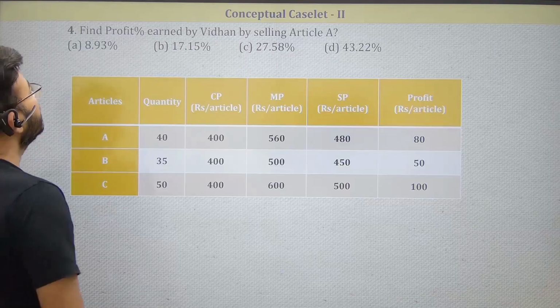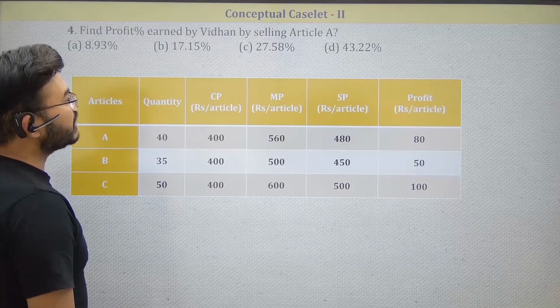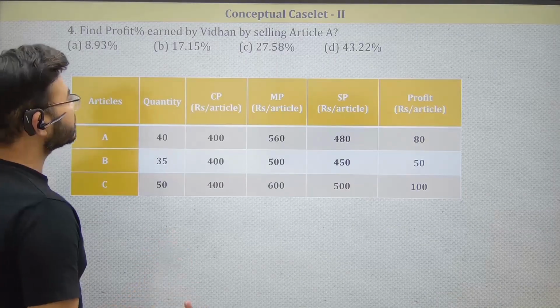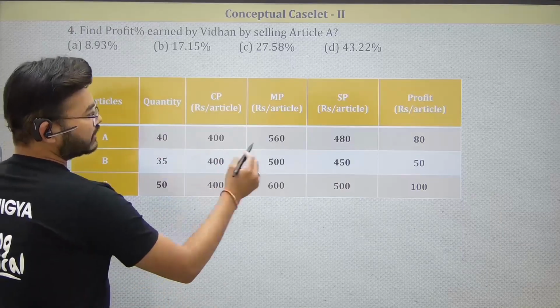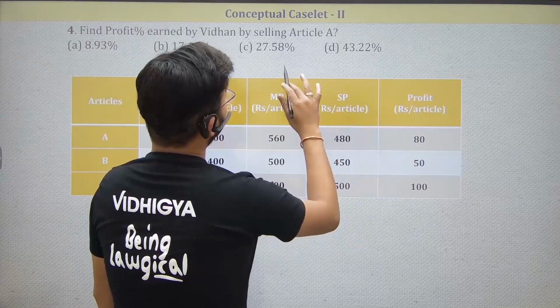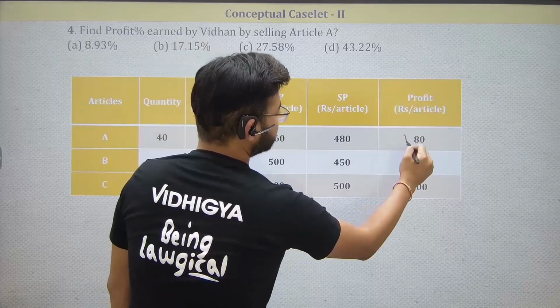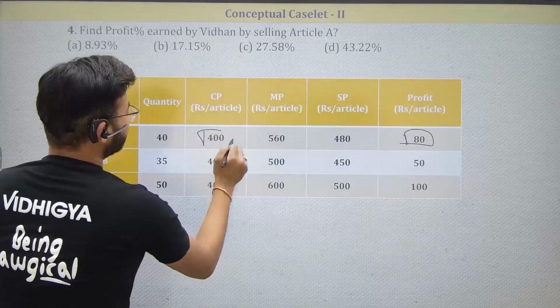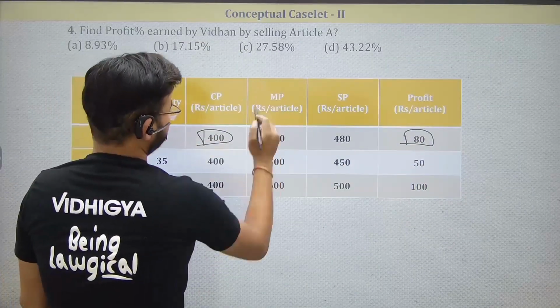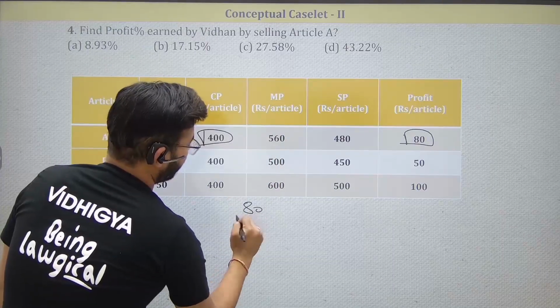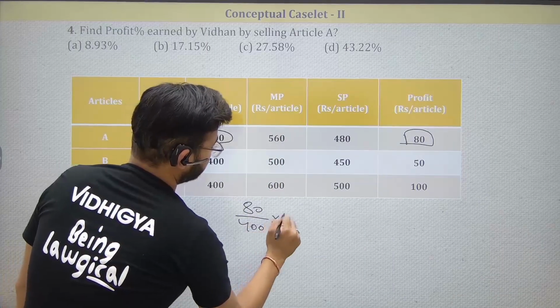Last question. Find the profit percent earned by Vidhan by selling article A. So profit is 80 rupees over 400. So profit percent is nothing but 80 upon 400 into 100.